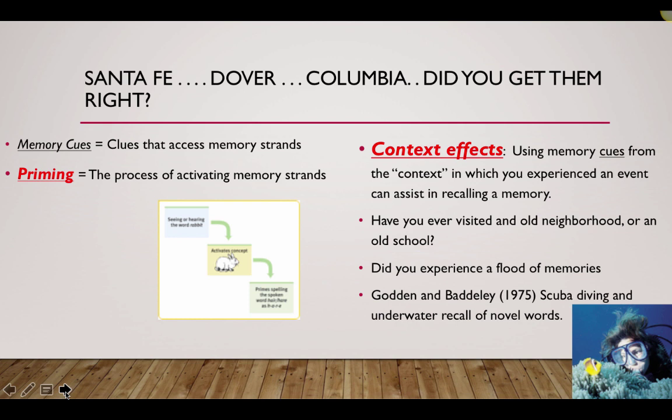In an experiment done in 1975, using scuba divers as subjects, the scuba divers were divided into two groups. One of the groups went underwater to learn a list of words until they had it 100% accurate. The other group stayed on dry land and learned the list of words. And then several days later, each of those groups were divided in half again.